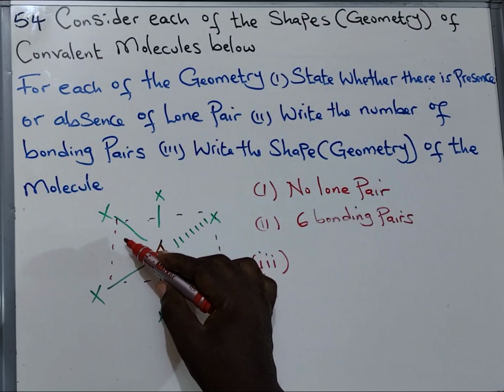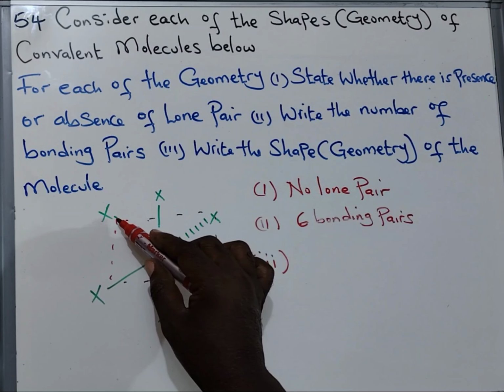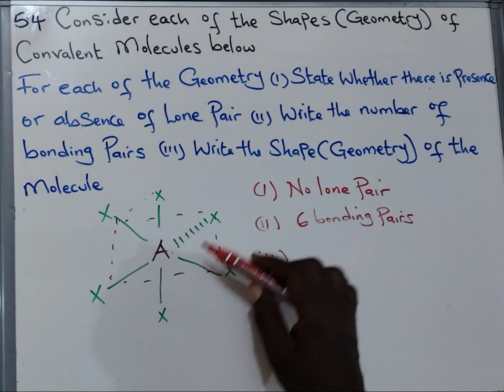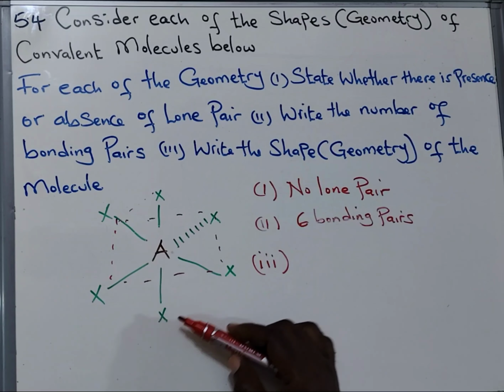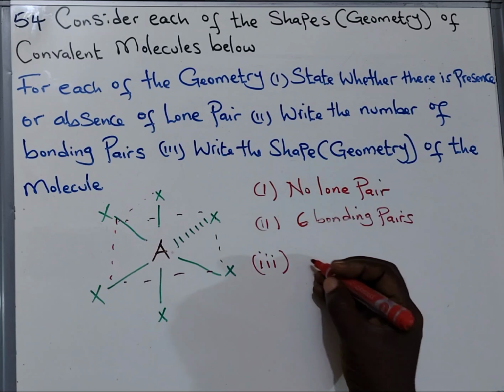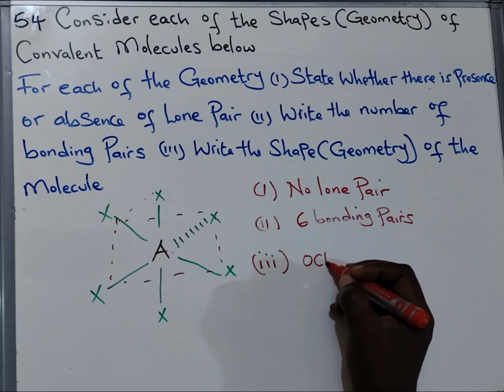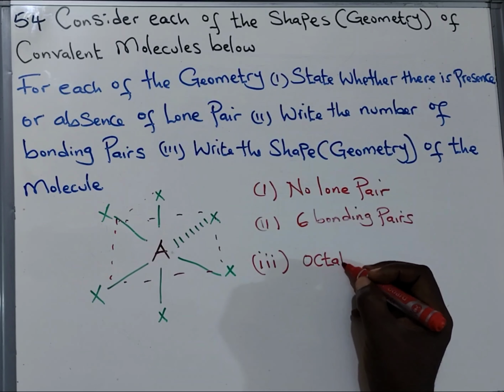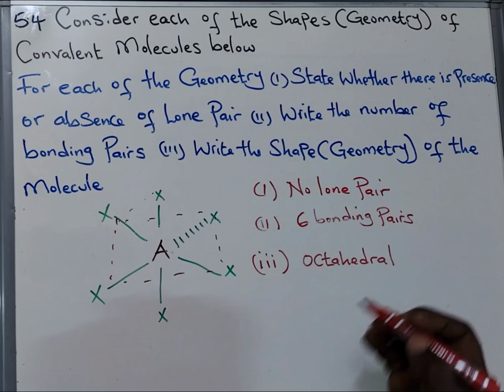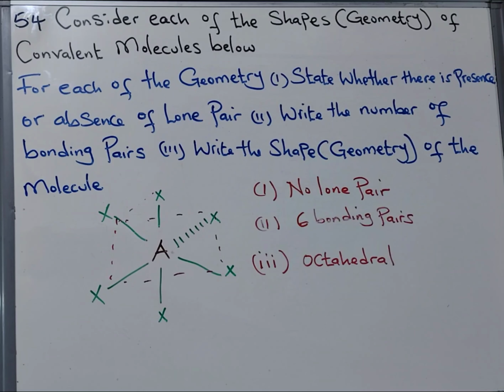Then each point of this square links to the atom above and to the one below. When that is done, the shape we get is called octahedral. It will have 8 faces.